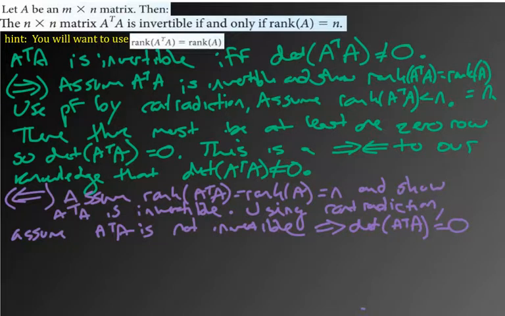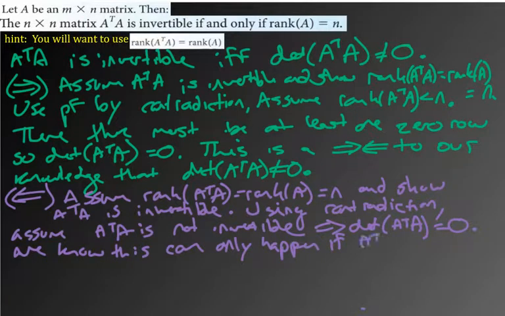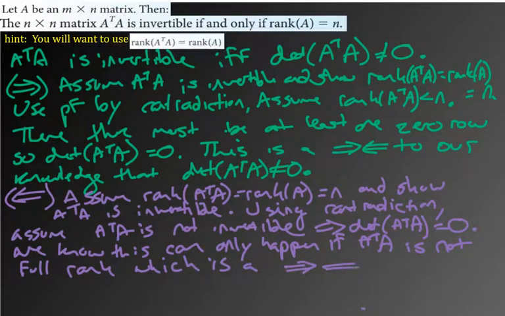All right. And we know it's basically the green stuff in reverse. We know this can only happen if A transpose A is not full rank, which is a contradiction.